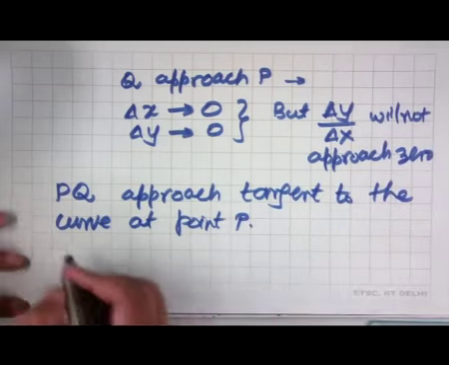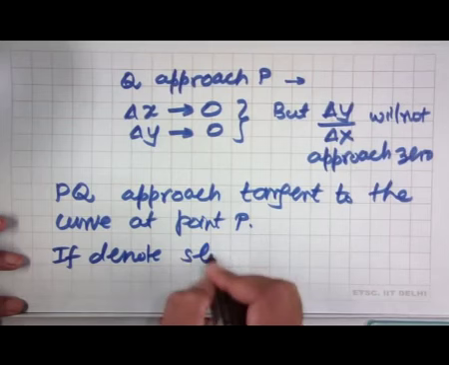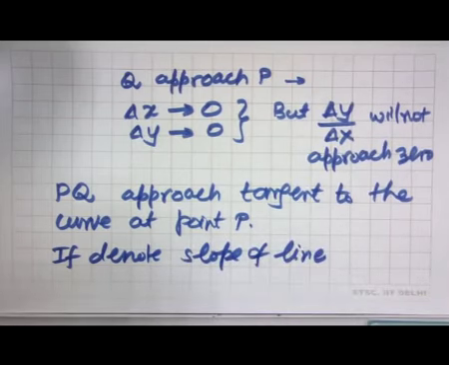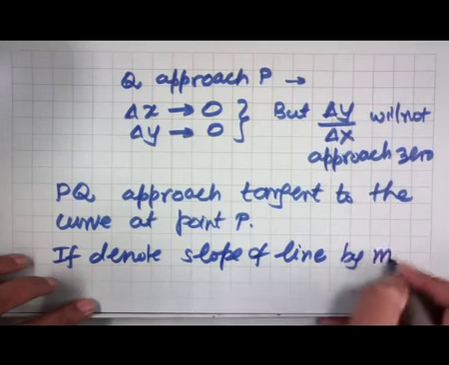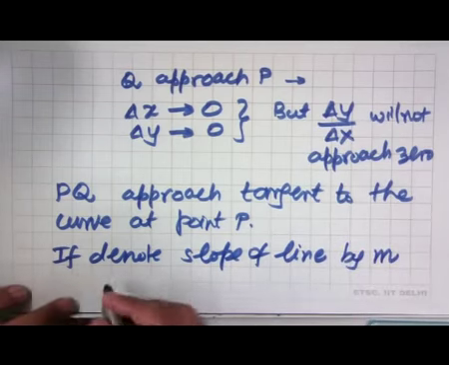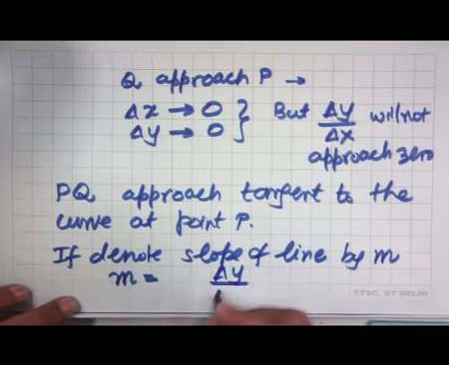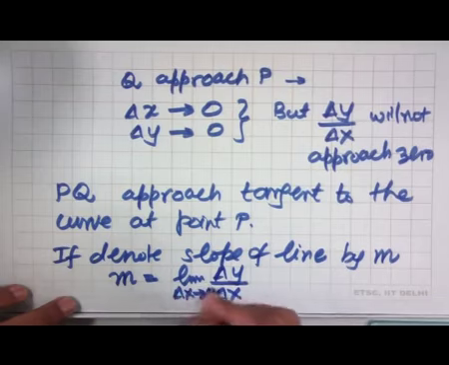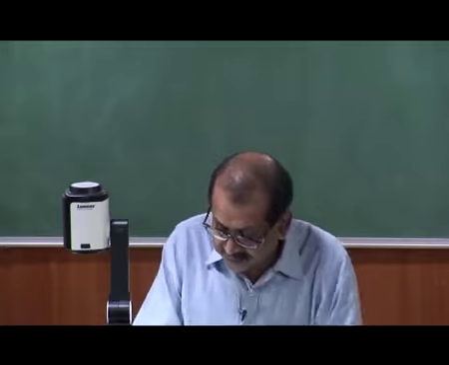Now, if we denote the slope of the line, and slope of the line is something which you will see in coordinate geometry in your mathematics course, if we denote this slope of the line by m, then the slope m is equal to delta y by delta x in the limit delta x goes to 0.